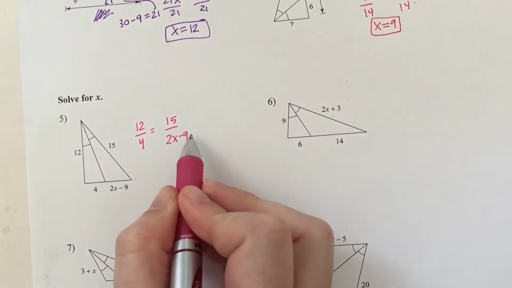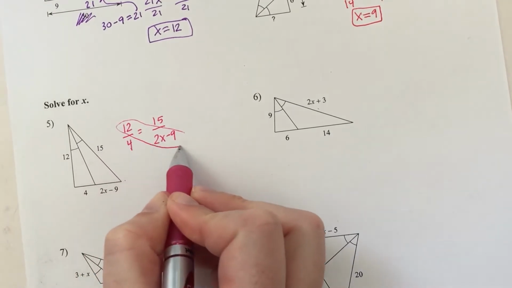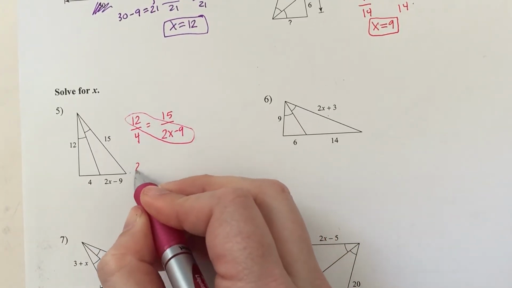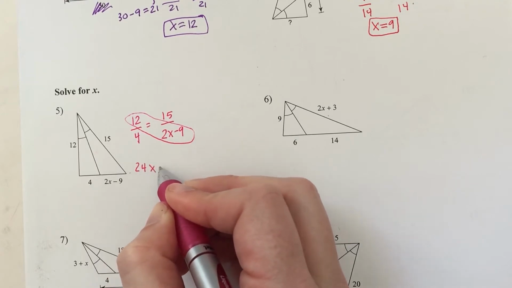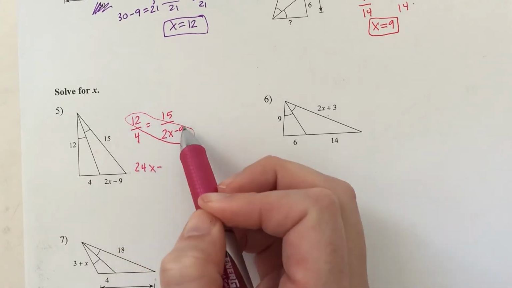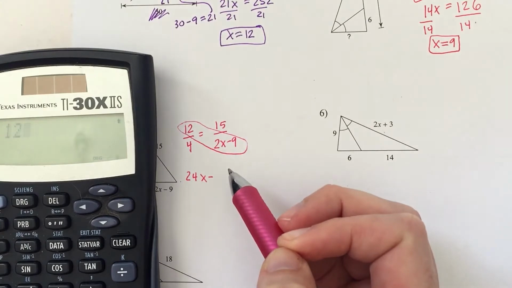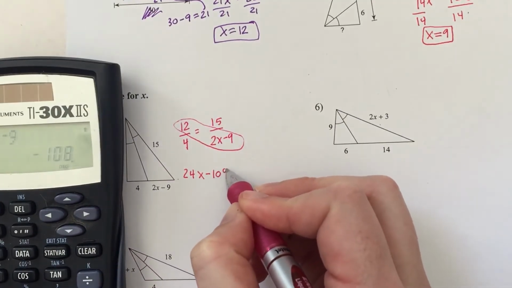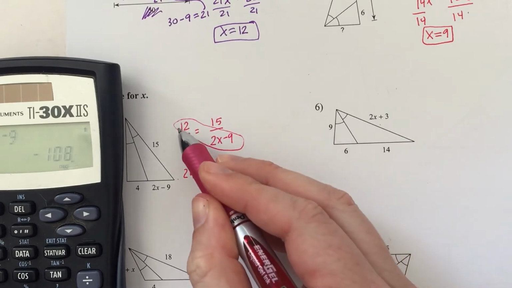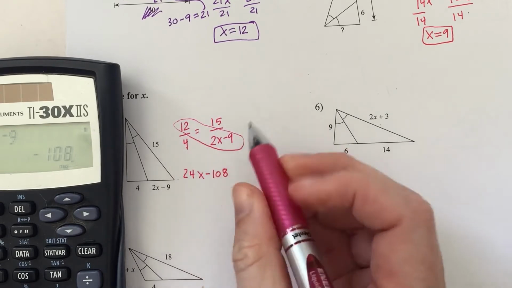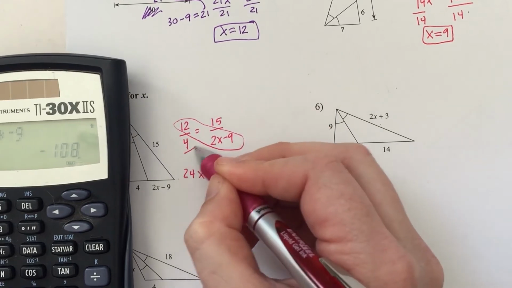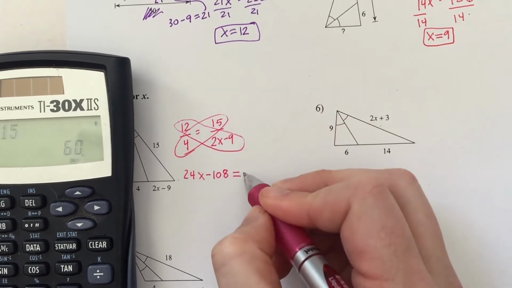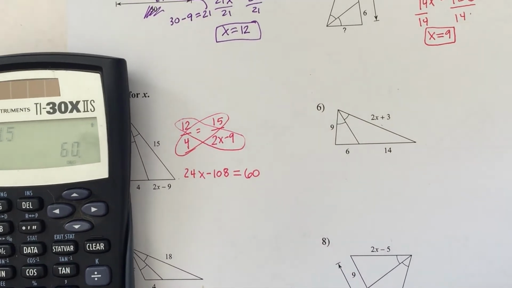When I cross multiply, I have to do 12 times 2 is 24x. Then I have to do 12 times negative 9 is negative 108. So I multiply it to both, then it will equal 4 times the 15, and now I can solve it.